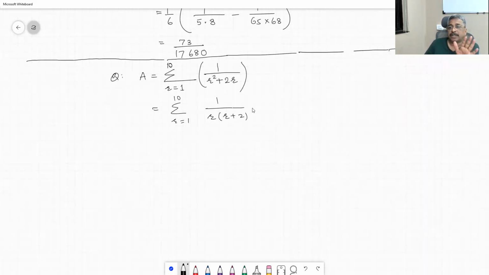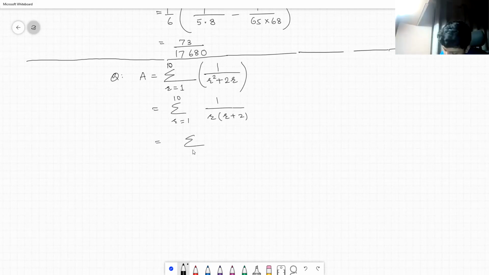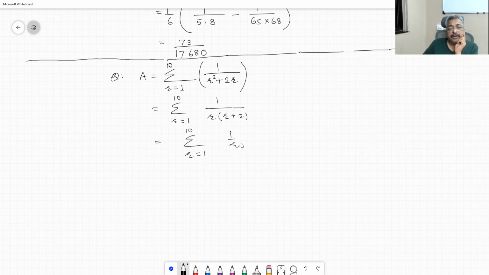This is the first deviation that I am giving you compared to earlier problems. Now we would like to split. Sigma r goes from 1 to 10, 1 over r minus 1 over r plus 2. If you simplify, you get r plus 2 minus r is 2 in the numerator, so you would like to do this.